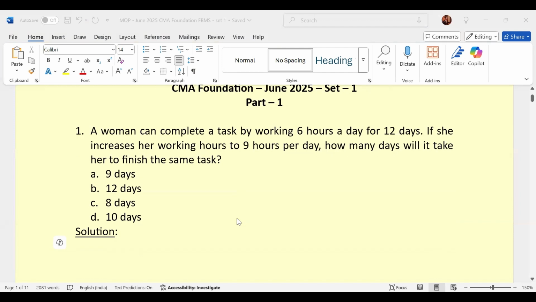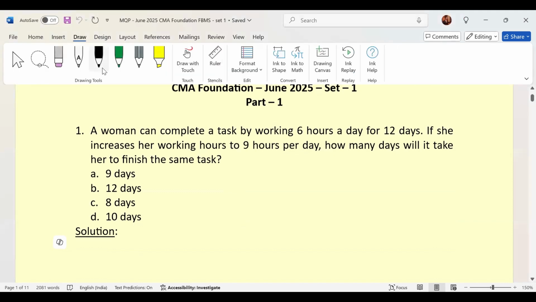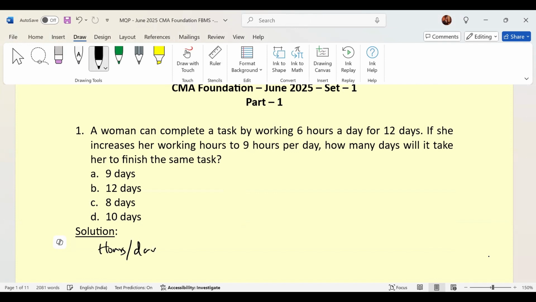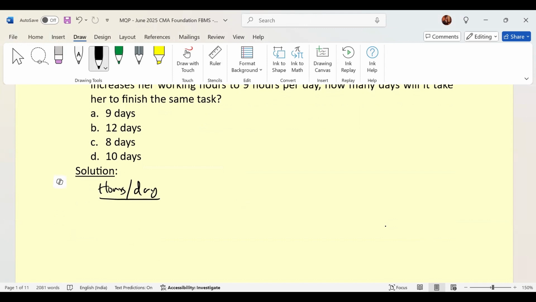Here they gave us hours per day, 6 hours, and the number of days she takes to complete the task, 12 days. If the hours per day increases to 9, what will be the number of days?